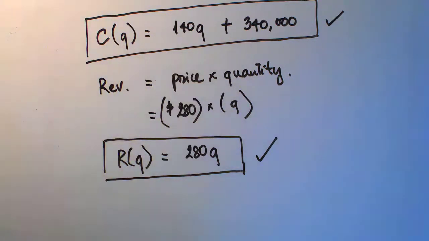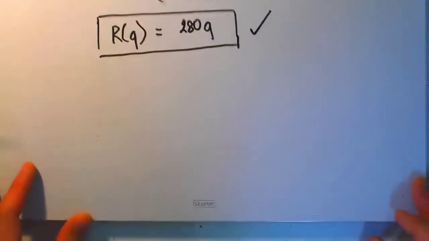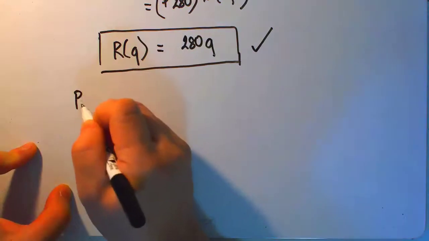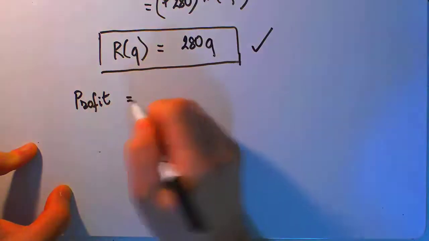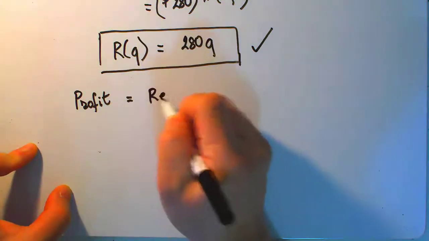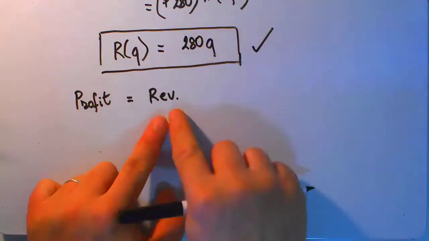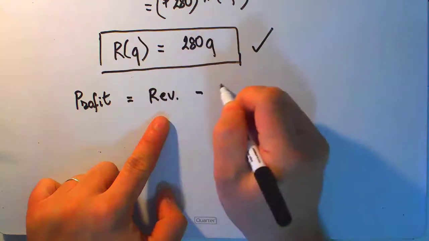The next and the actually important step, what's being asked for now, is here. So profit is, rule of thumb, always the revenue that we've sold, that total gross income that we've made, subtract the cost.